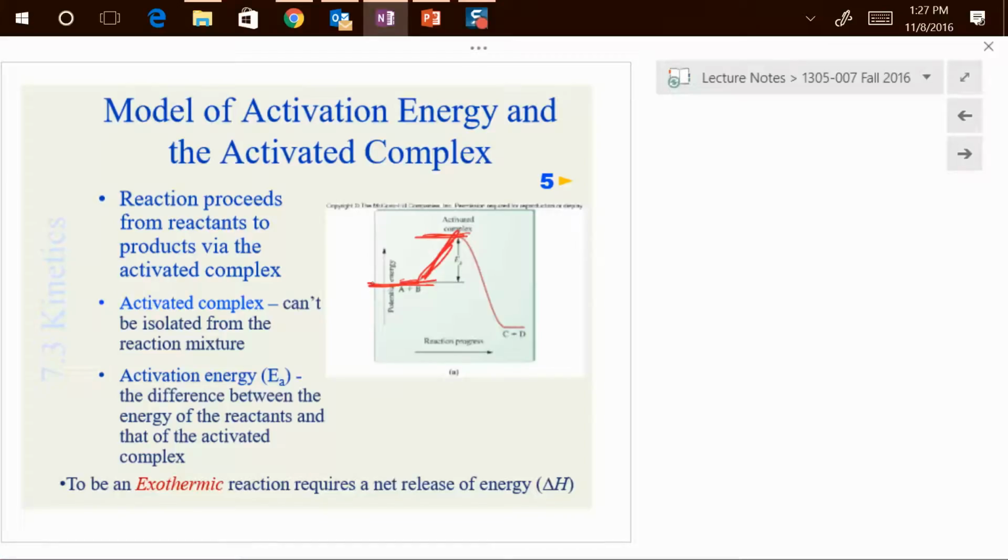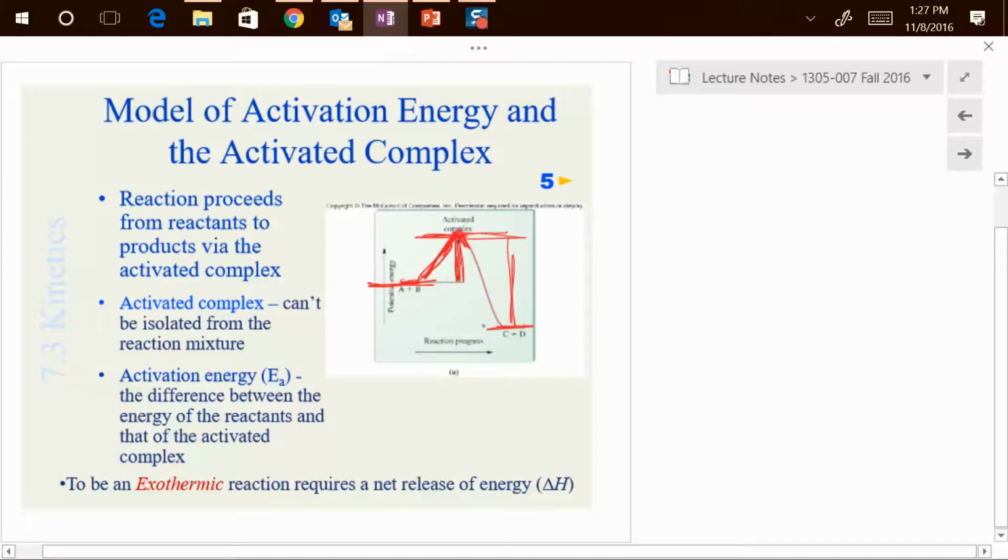Okay, this is the activation energy. If I overcome that amount of energy, my reaction will proceed forward. Okay, so this is the amount of energy absorbed, and this is the amount of energy released. So how would you describe this reaction? Endothermic or exothermic?